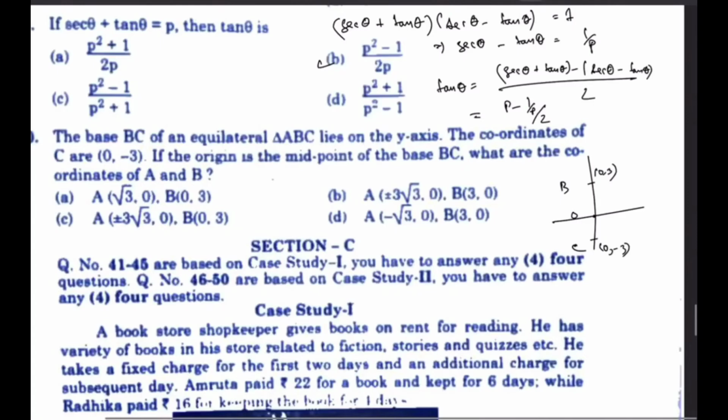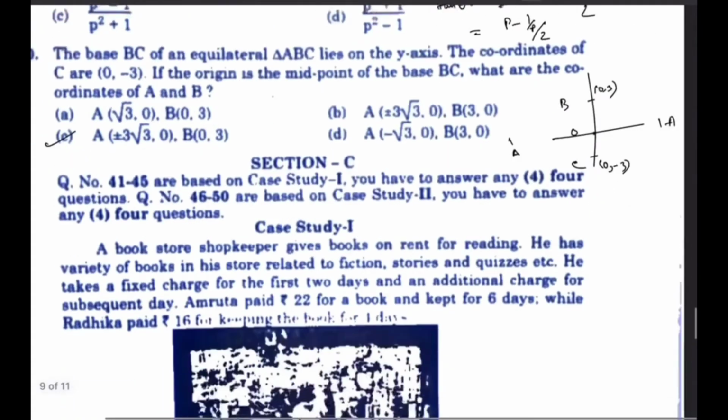So 0 plus minus 3. Okay. 0, 3 is 1. So we'll either have A or we'll have C. You can see that you can get A here as well, or you can get A here as well. So this has to be the correct option.